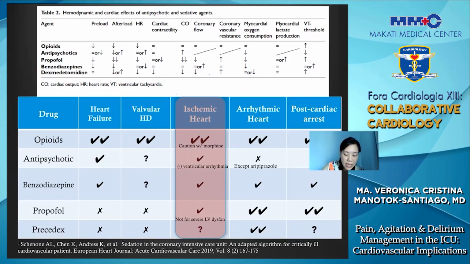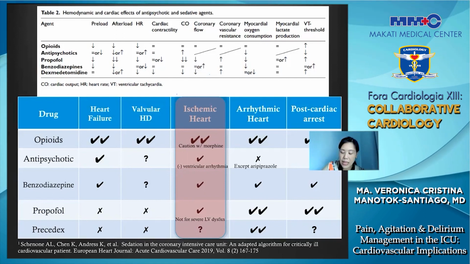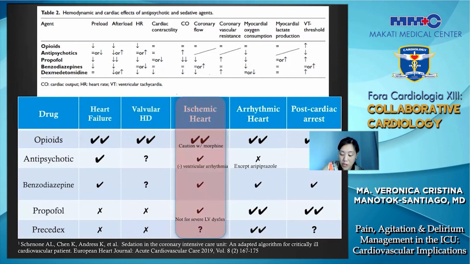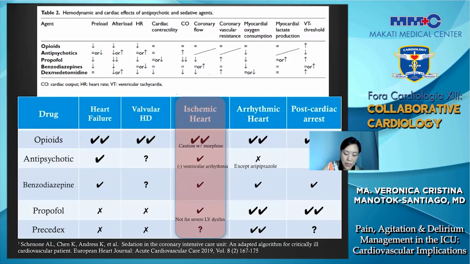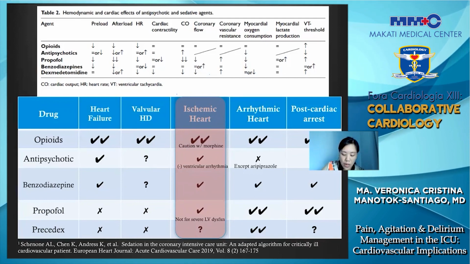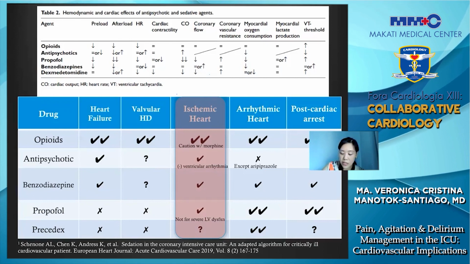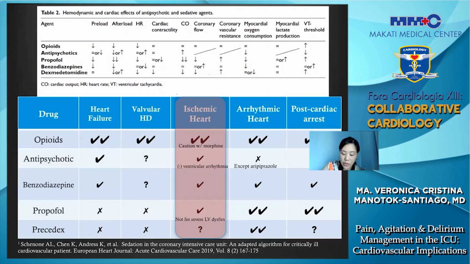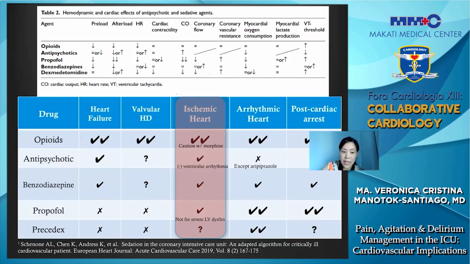However, there has been evidence to suggest a reduced bioavailability of the ADP receptor inhibitors such as clopidogrel and prasugrel when closely administered with morphine. With regards to antipsychotic use, there has been no evidence to suggest that they cause myocardial O2 supply and demand mismatch, but we must be wary of their use immediately post-MI because of their arrhythmic effect.